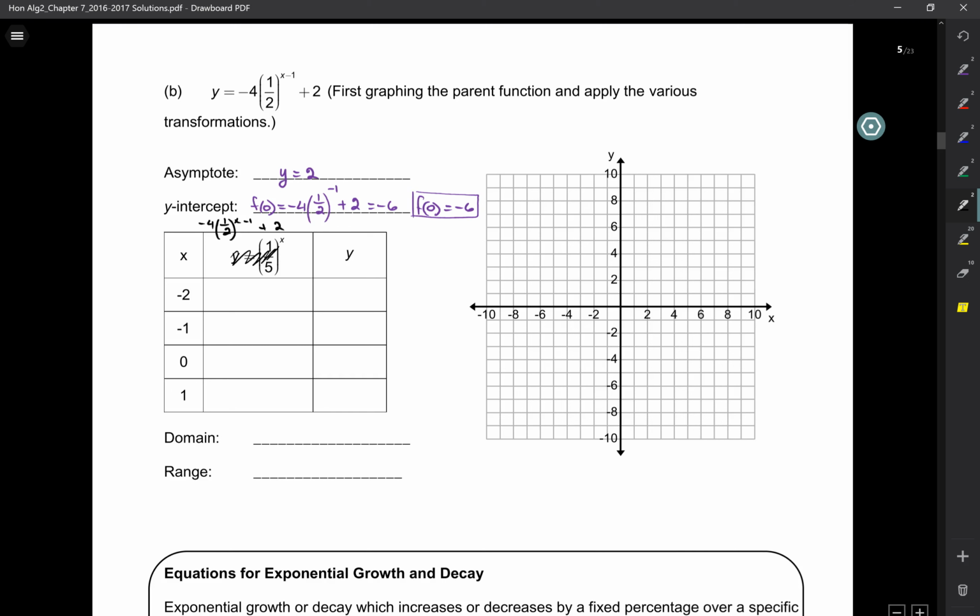All right. So this is going to be -4 times 1/2 to the power of -3 as the exponent, plus 2. So look, this is -4 times 8, which is -32, plus 2 is -30.